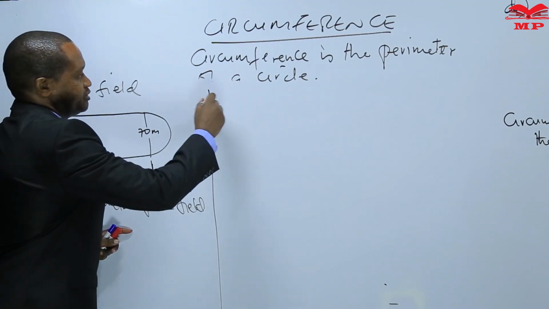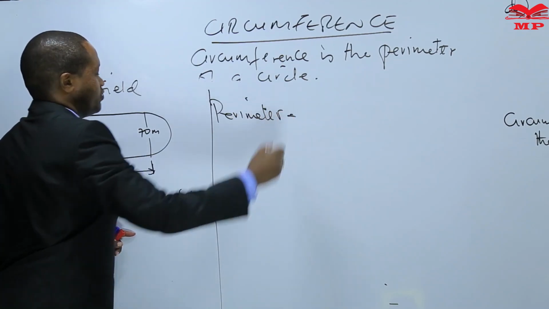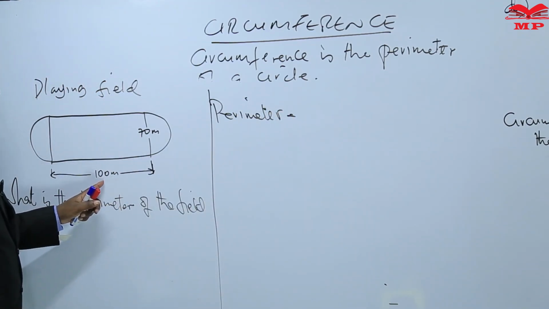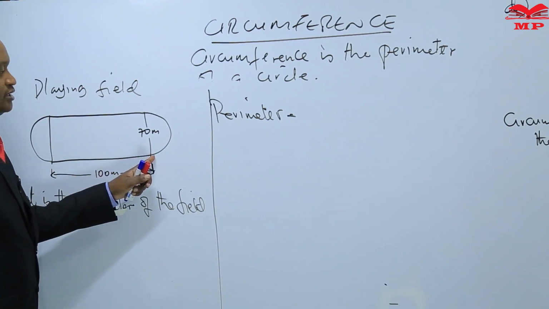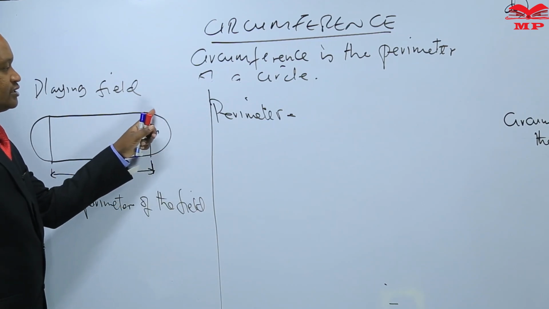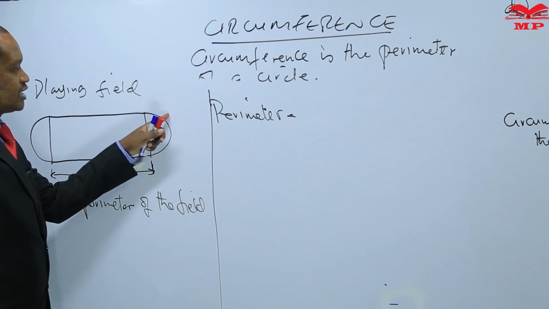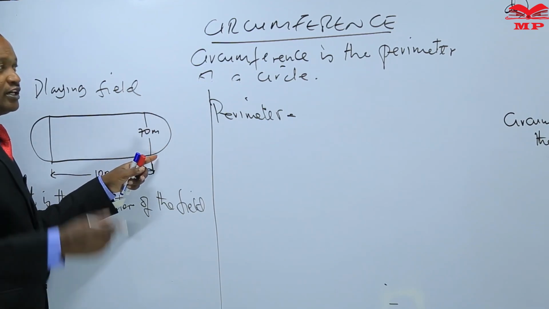The perimeter will be equal to 100 meters plus the semi-circumference.